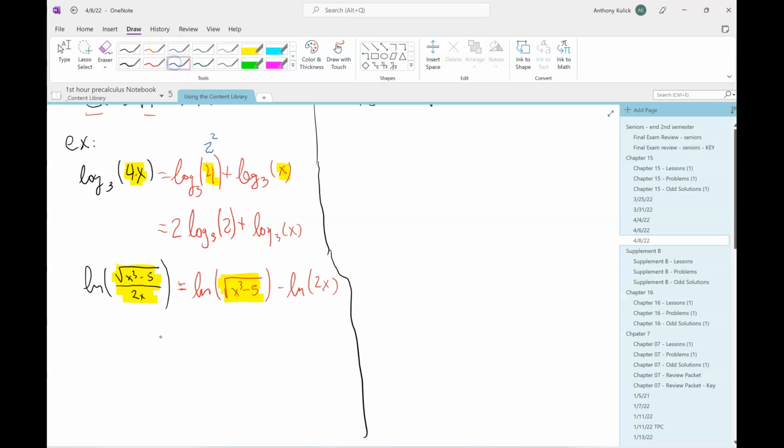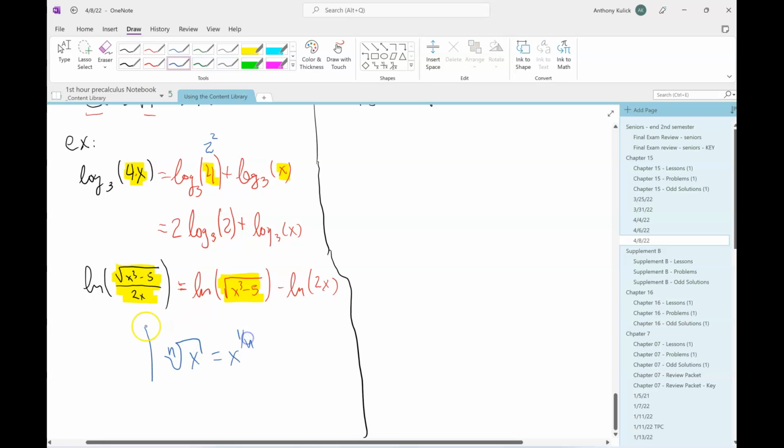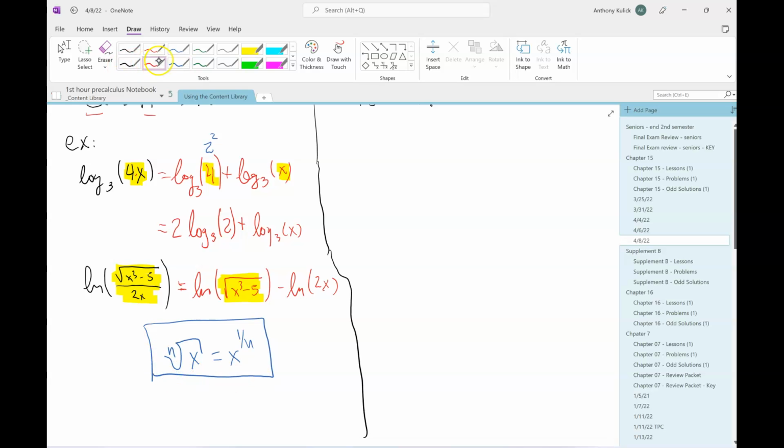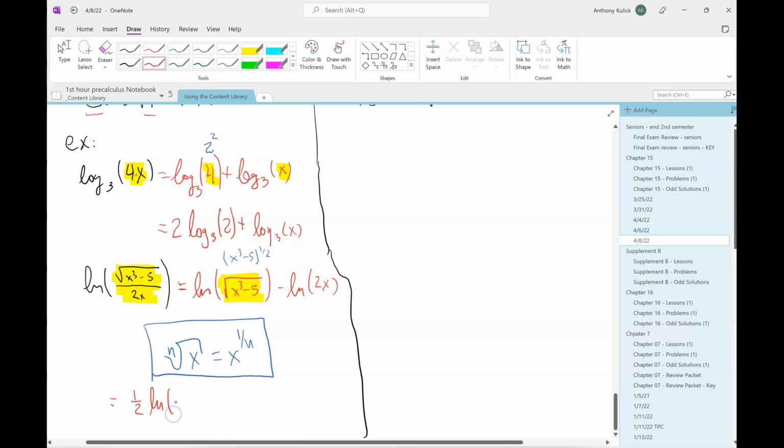So remember the property that we're using was this one. Remember that? We talked about that the other day. So this is really, write it in blue or something. So I can use the power property to do that.